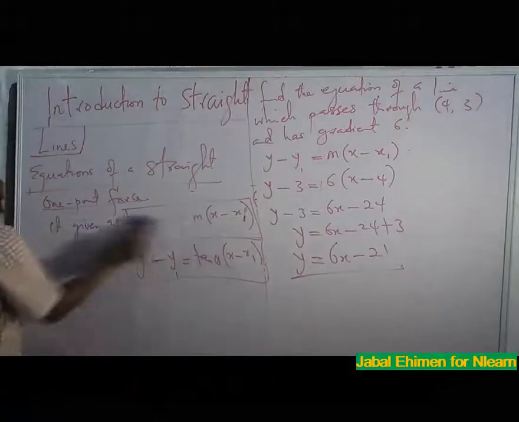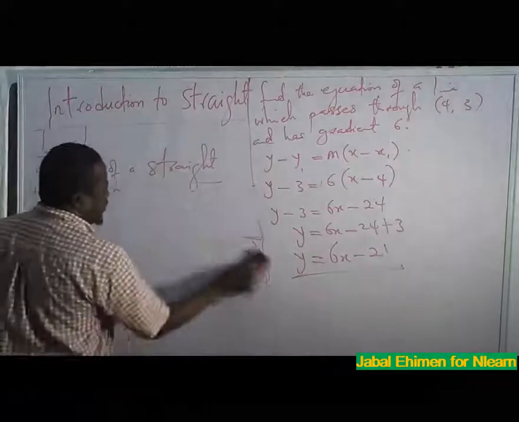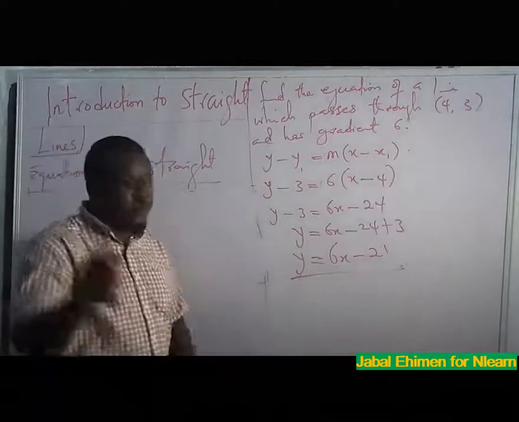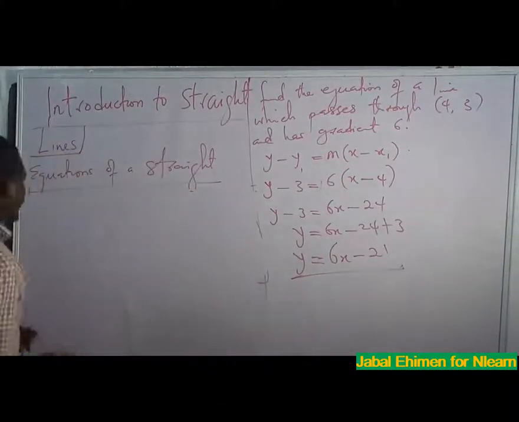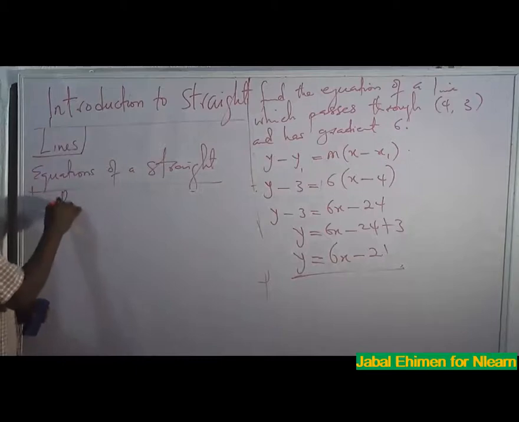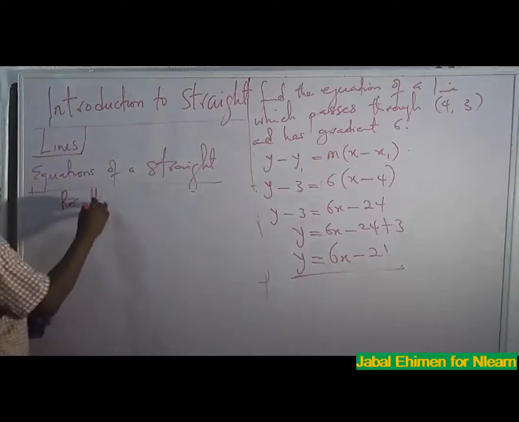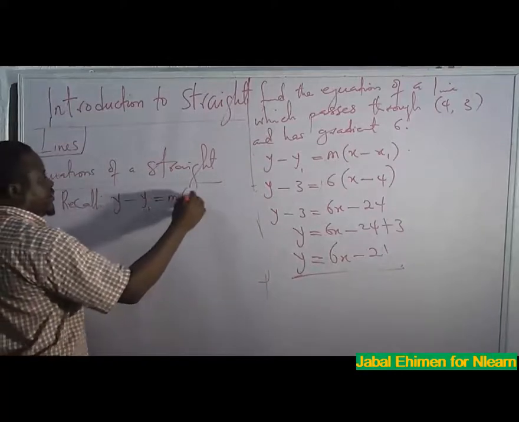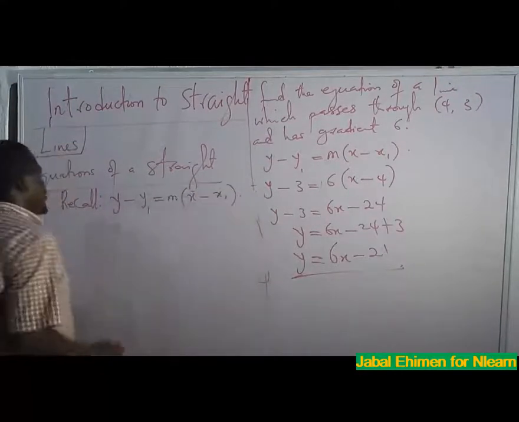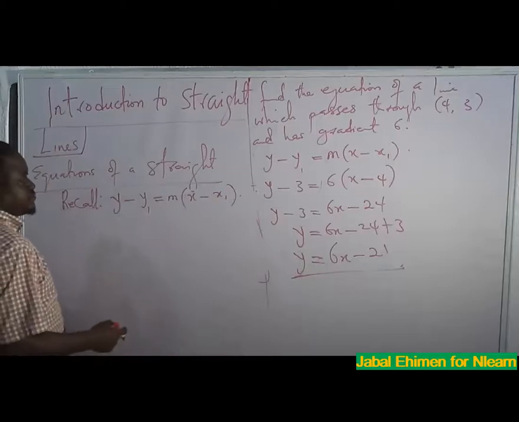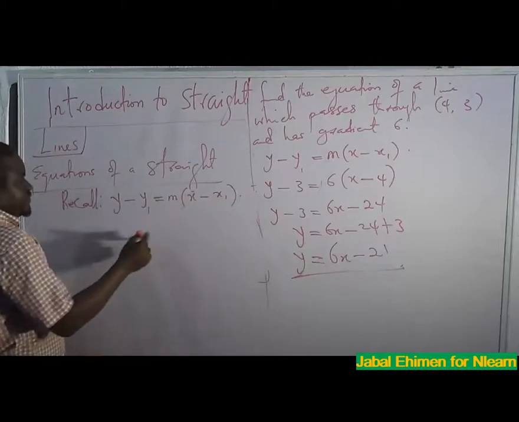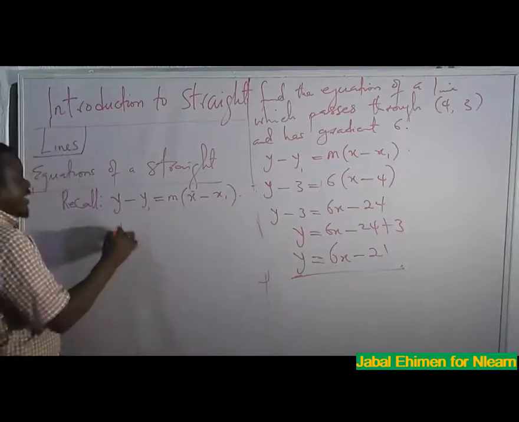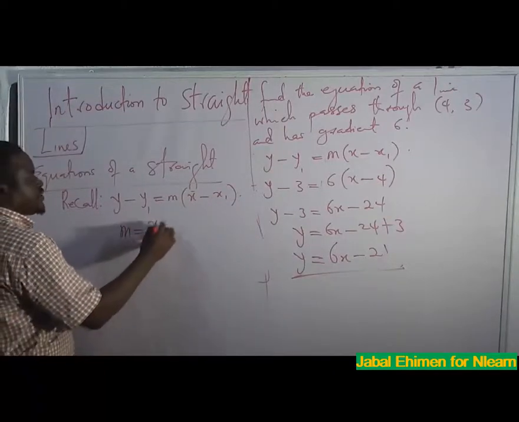The two-point form is something that is a little bit interesting. The interesting side of the two-point form is that it is just a deduction from the one-point form. Recall, please, that the one-point form is y minus y1 equals m into x minus x1. Because of that, if you divide both sides, m now becomes y minus y1 over x minus x1.